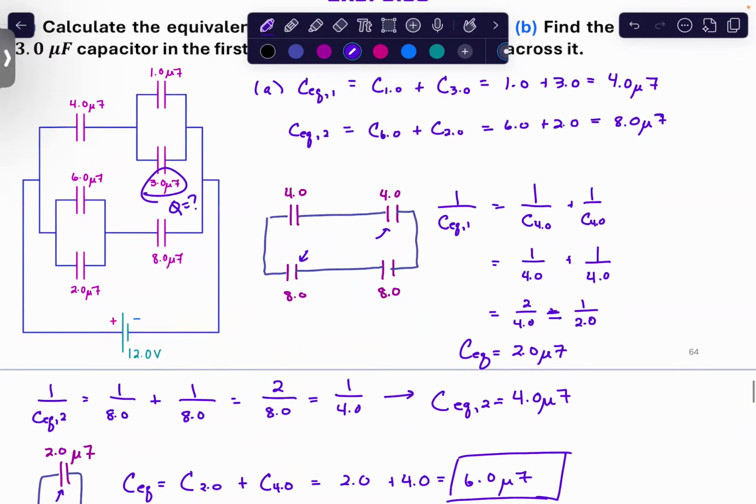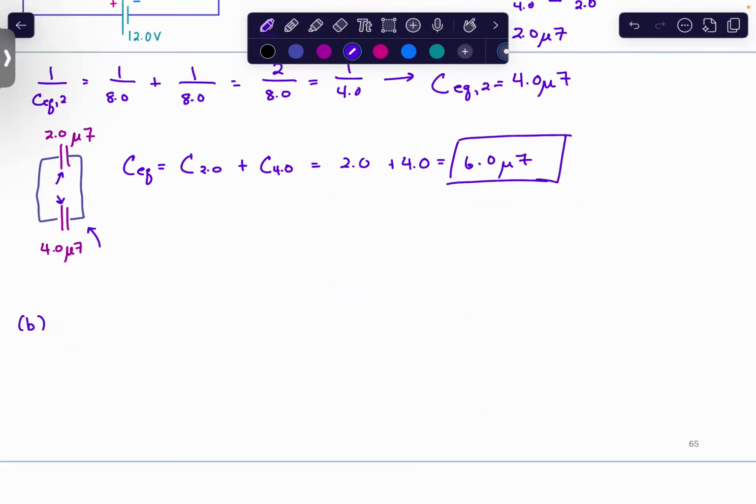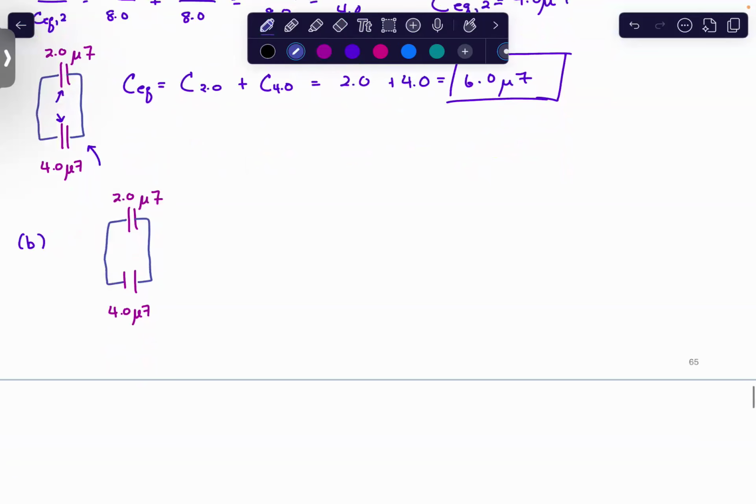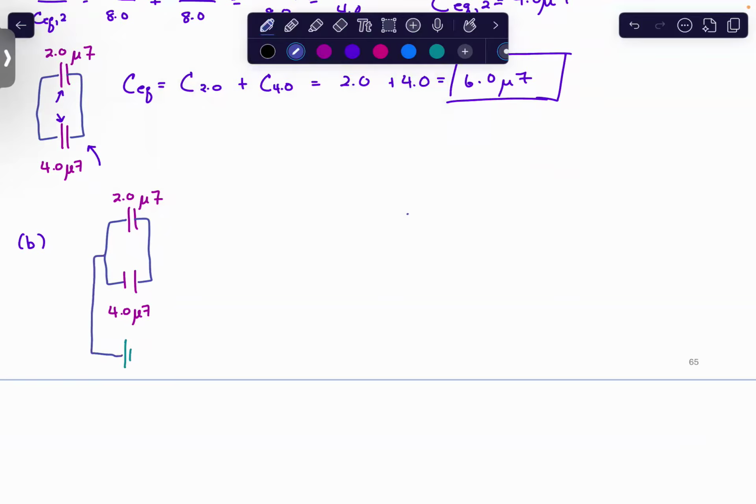So if I go back to this one right here, we're working on breaking this apart. Because we know that as we condense this down, this whole thing here is connected to our battery.